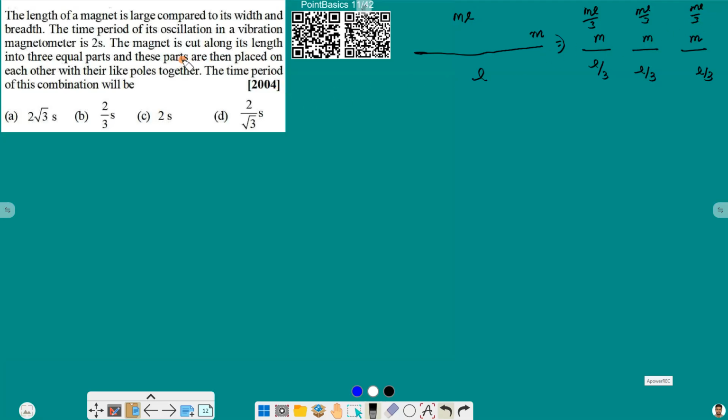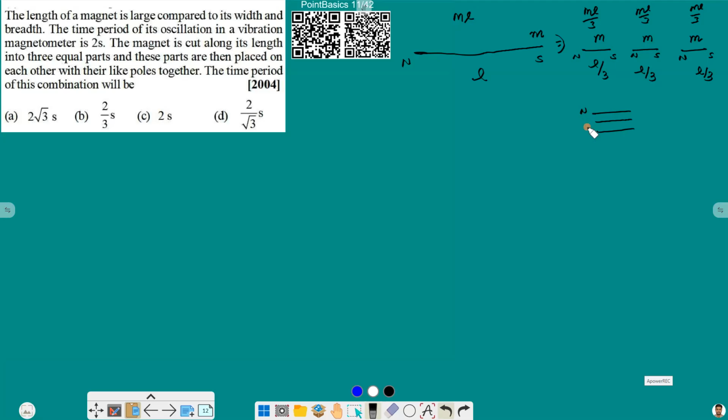As mentioned, we put these parts on each other such that their like poles are together. Suppose this was north pole, this was south pole, so for them this was north south, north south, north south.